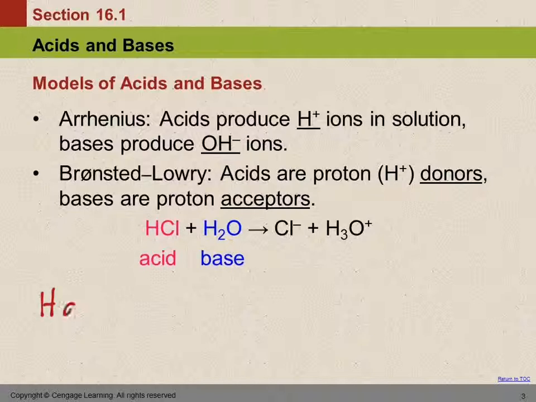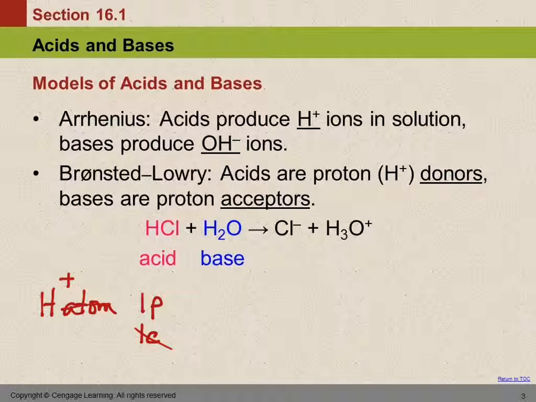So a hydrogen atom has how many protons? One proton. How many electrons? One. So if we make this into a hydrogen ion, H+, we lose an electron, what's left? A proton. A hydrogen ion is just a proton.